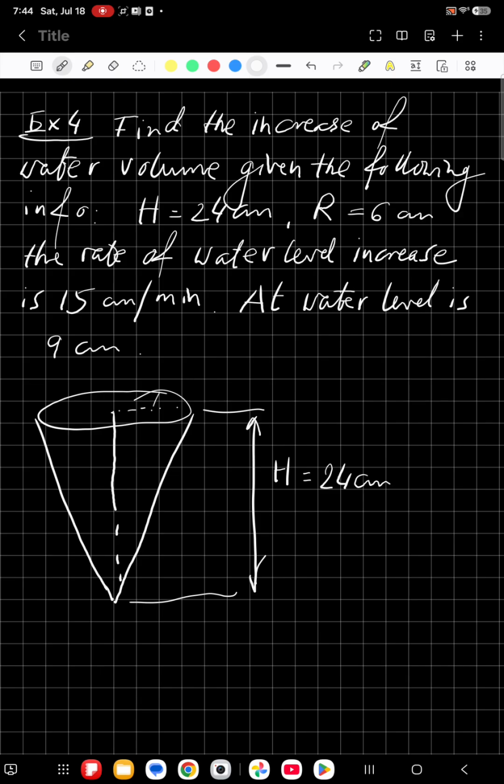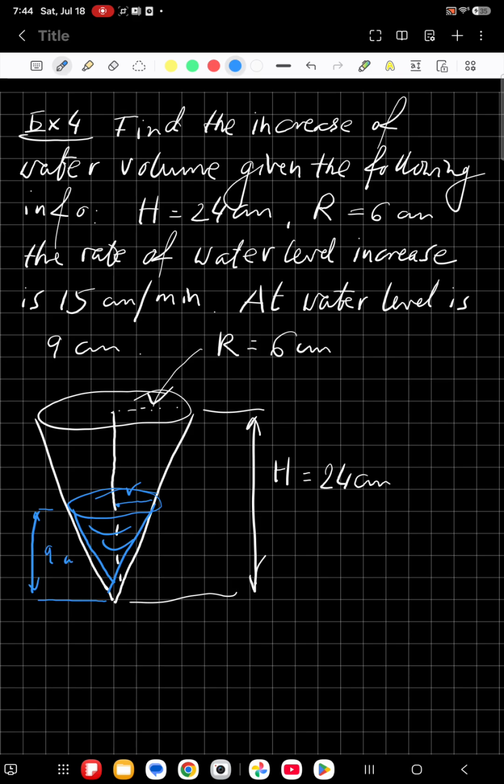So this is 24. That radius is 6. And what else? We have the water level. So this is all water. That radius here, I'm going to mark it as lowercase r. So that's something we don't know.